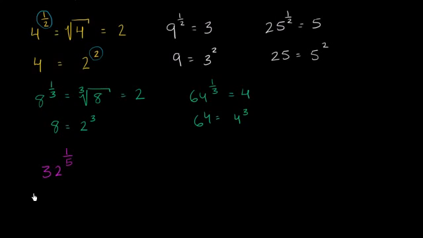Well, 32 is the same thing as 2 times 2 times 2 times 2 times 2. So 2 is that number that if I were to multiply it 5 times, then I'm going to get 32. So this right over here is 2. Or another way of saying this same statement about the world is that 32 is equal to 2 to the 5th power.